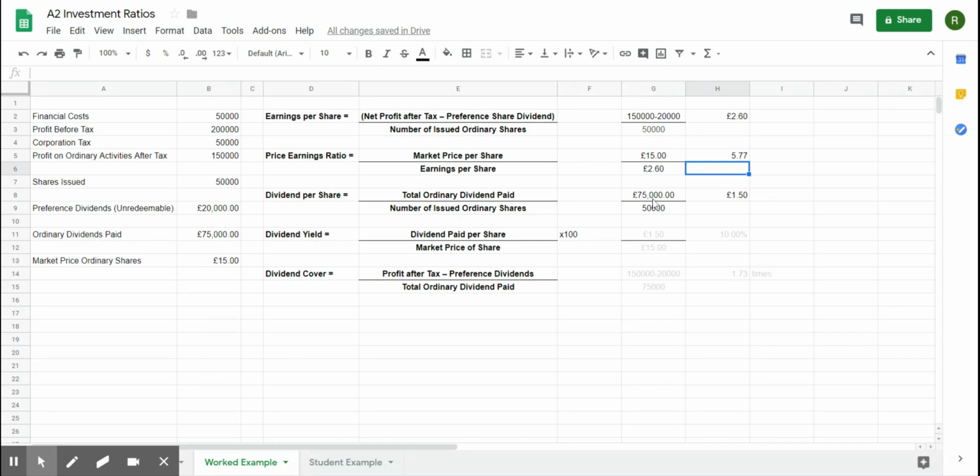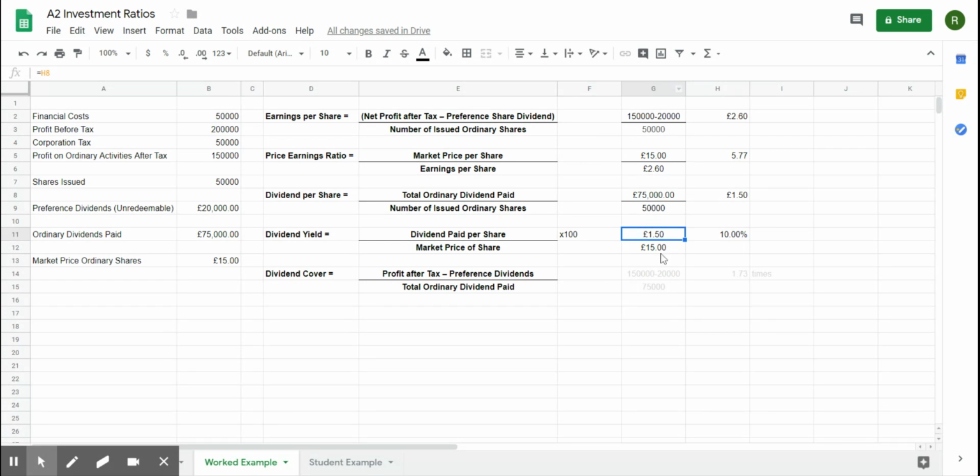Dividend per share, well, we know that they paid 75,000 in dividends. There were 50,000 shares issued, so for every share that you own, you would get £1.50 paid out in dividends. Pretty straightforward. And then we come to the more important ratio for investors, and that's looking at the dividend yield. For this company, dividend per share was 150 pence.